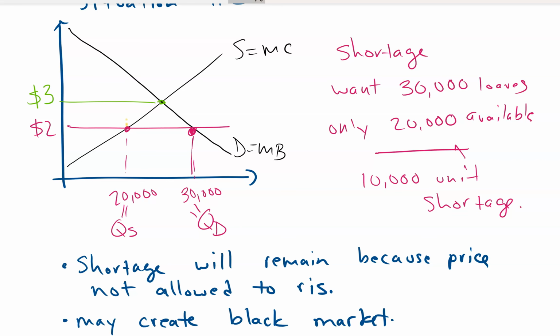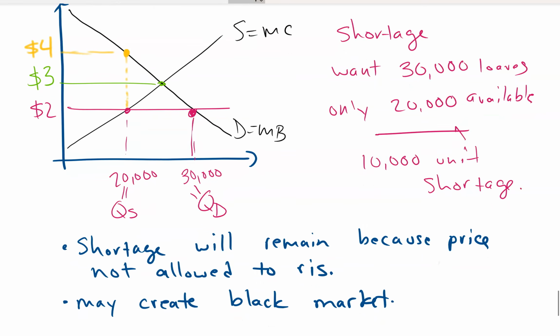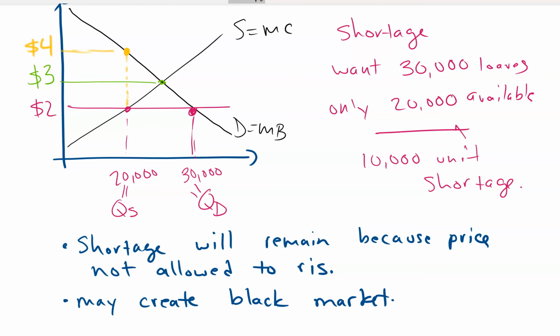If you look at this graph, if we go up to here, at this quantity of only 20,000, you might find that people are willing to pay, say, $4. So if they sell in the black market, the black market price will be above what the equilibrium price would have been if you allowed this to be free. So it may create a black market, and it's also going to just create people going without.